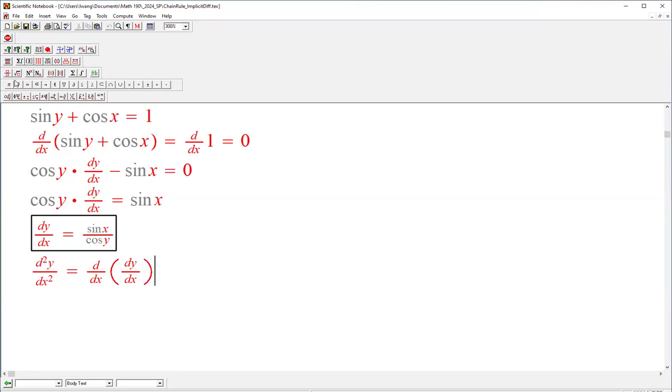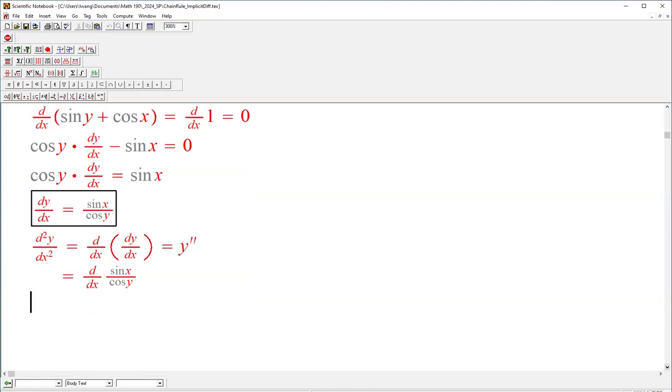All these are different ways of writing them, and there's also y double prime. So what does that equal? The derivative of the first order derivative, which is sine x over cosine y.